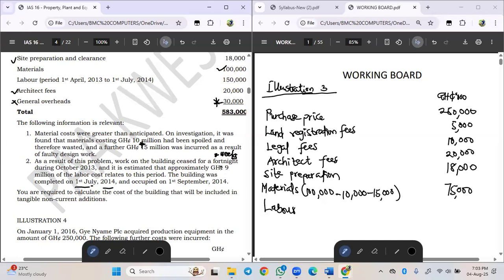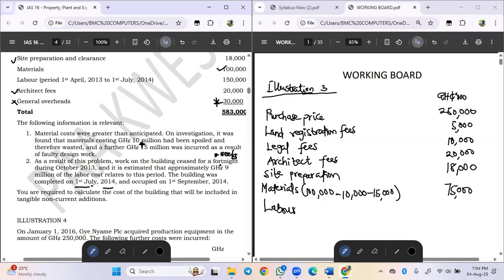So this 9 million has been taken out of what? The labor cost, 150,000 here. Why? Because of the problem here. The faulty ones and the wasted ones, they ceased for what? 2 weeks. And in that 2 weeks, the amount that the company incurred was what? 9 million.